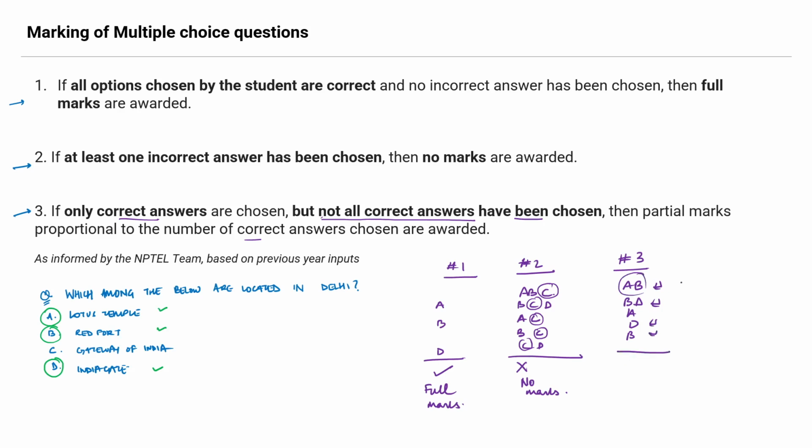If we selected two correct options, we might get 0.66, one correct answer, 0.33. So if you're getting marks in decimal, it's because of this particular rule, which is about proportionate marking.